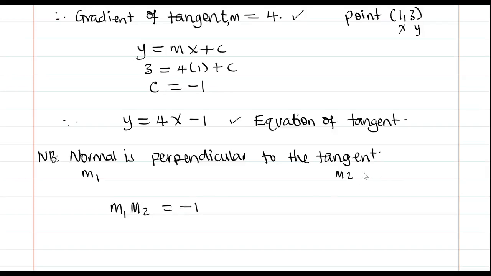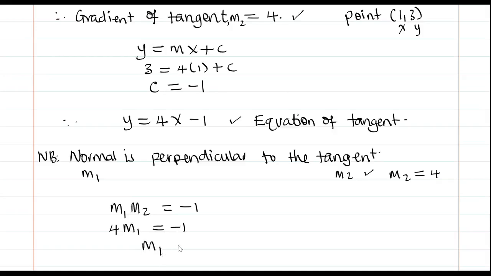But we have said m2 is the gradient of the tangent, which is 4. How you name them doesn't matter. You can call this m2 and this m1, it makes no difference. So our m2, the gradient of the tangent, was 4, and we can substitute for it here. m1 times 4 gives us 4m1 equals -1.